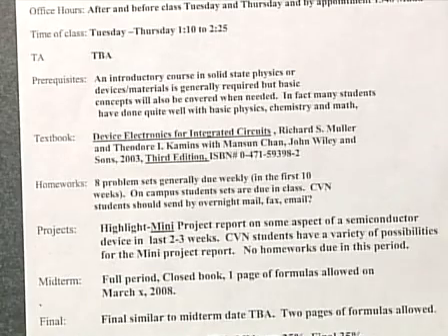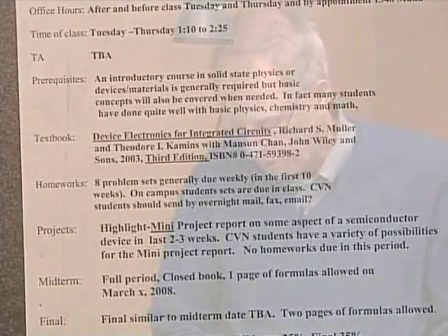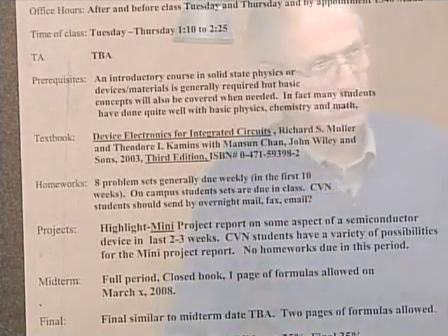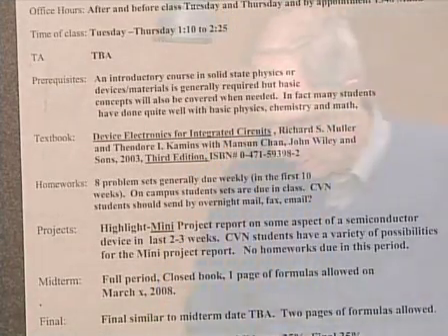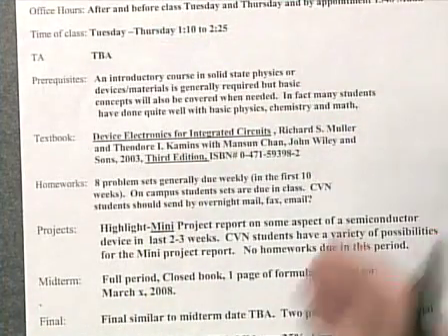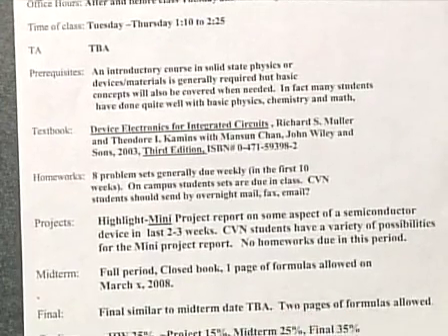It's a short presentation, usually the equivalent of 5 view graphs in length on some aspect of semiconductor devices, and that's due the last week. There's a variety of ways of presenting that, but there's also no homework due in that period.